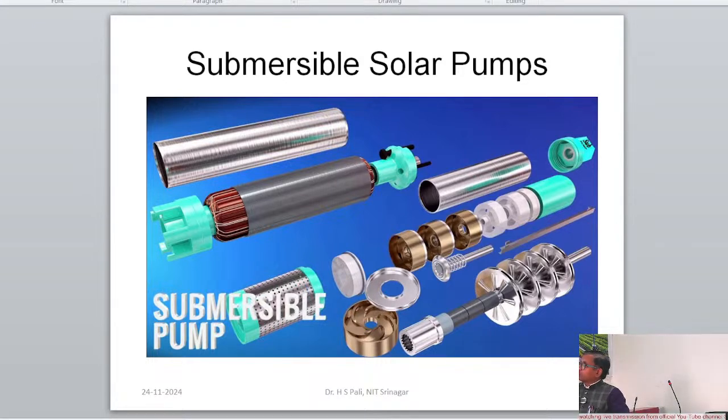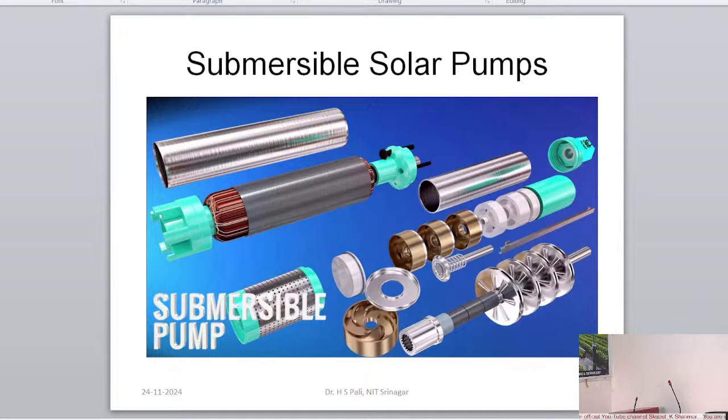Submersible solar pumps are particularly well suited to isolated areas with limited access to surface water sources, or when a traditional grid power pump is not feasible. Particularly where the grid is not available, we want to apply solar pumps, or if the grid is available, then we can supply this electricity to the submersible pump.